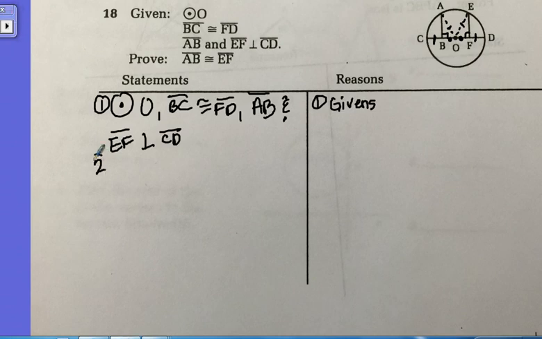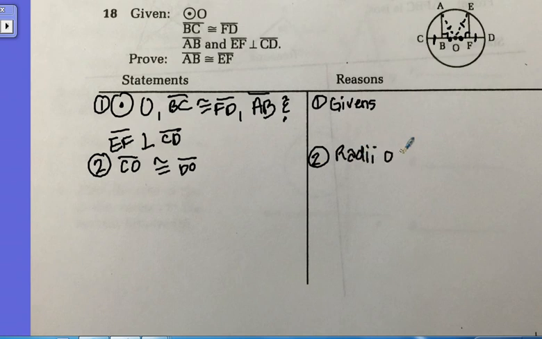Okay, so moving on to step 2. Again, we had done a couple of things. So let's just go ahead and work off this first given, which gives us radii. Let's go ahead and say that CO is congruent to DO, radii of circle congruent.